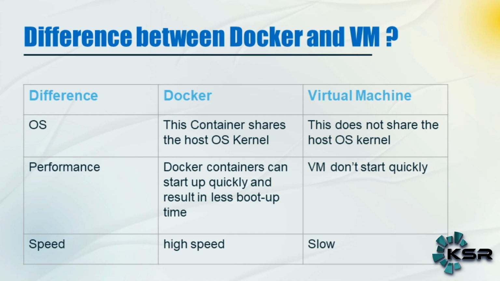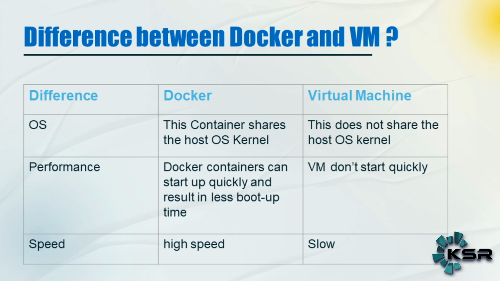So that is performance. About speed, Docker has a high speed, whereas a virtual machine is slow. When an application is started in Docker, it starts with no delay as OS levels are already up and active. But in virtual machines, we need to run them individually, as discussed.